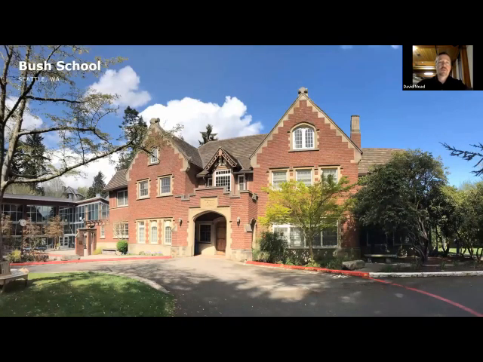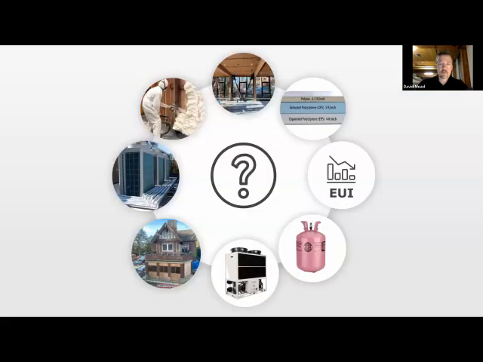The next project's the Bush School. This is in Seattle, Washington. It's a historic renovation of the Gracemont building. And here we're looking at a number of different metrics. Traditionally, when you're looking at insulation and structure and rigid insulation, EUI, refrigerant canisters, all of this, there was no way to bring it all together and compare it outside of cost.